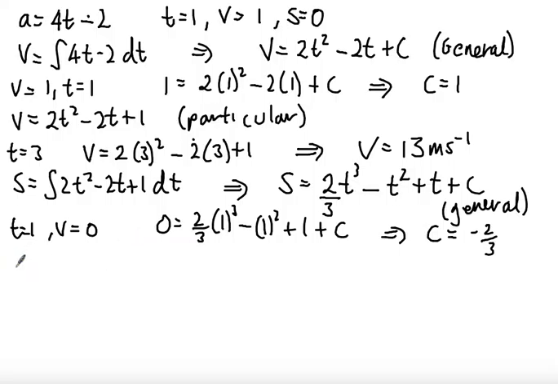And so then just finishing off, our particular solution for this equation is that it's 2/3 t cubed minus t squared plus t, and then it's minus 2/3 at the end here. Let's just tidy this up slightly.